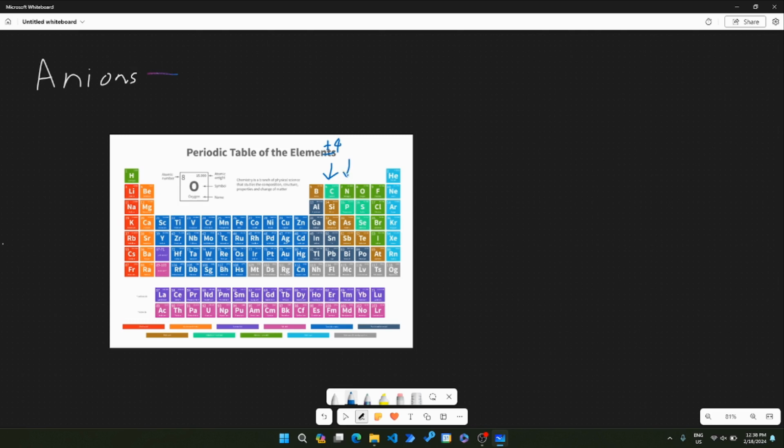And if we keep moving left, minus 3 in the nitrogen family, minus 2 in the oxygen family, minus 1 in the halogens. And of course, the noble gases don't form ions. So we'll just ignore these. They don't matter.